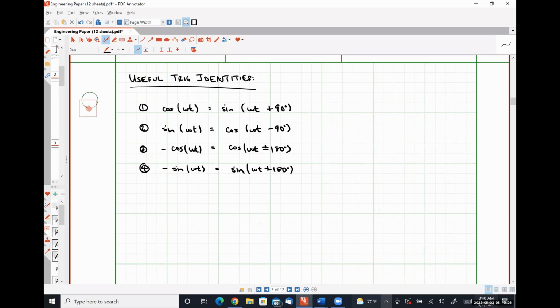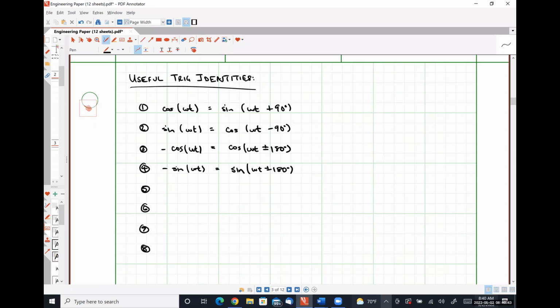The next 4 that I'm going to give you, you should have learned in your trig classes. And we are going to use them to effectively break up sine functions into their constituent parts, okay?